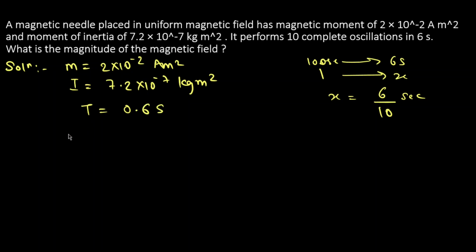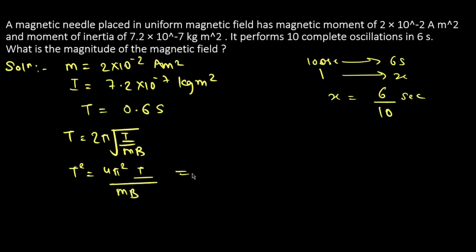Now we know the formula, T equal to 2 pi root under I upon mB. Since we have to calculate the magnetic field, we'll just square this, so we'll have T square equal to 4 pi square I upon mB, which implies B will be equal to 4 pi square I upon m T square.